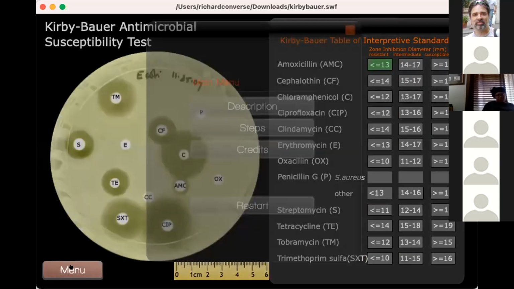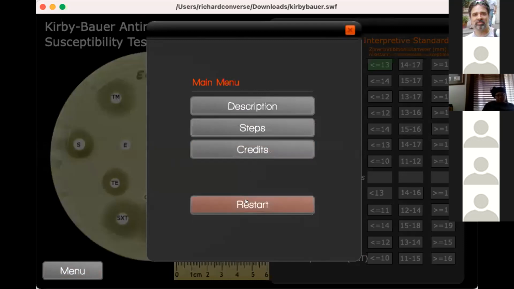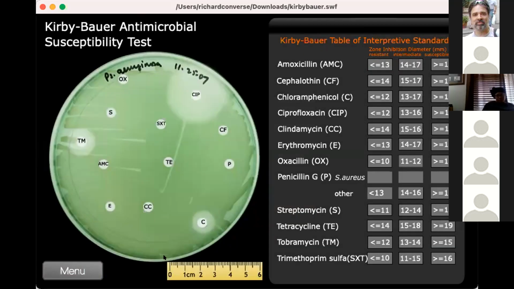You can go back to the menu and do a restart, right? And it'll show you a different plate, a different organism, right? This is Pseudomonas aeruginosa. It says so right up there. And then you can go through and do the same thing with these.